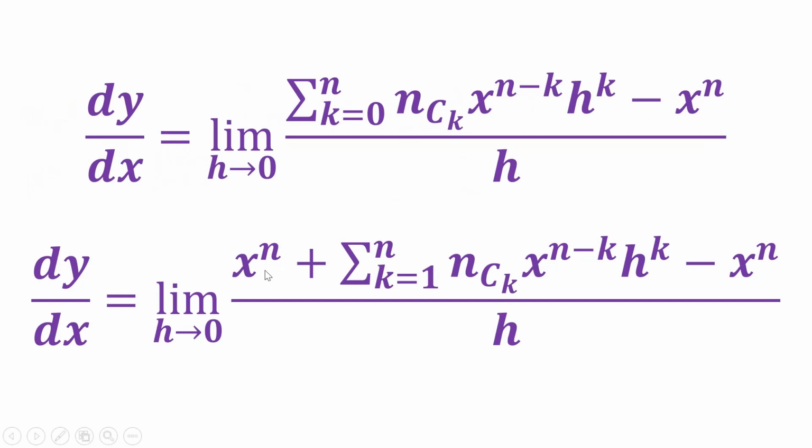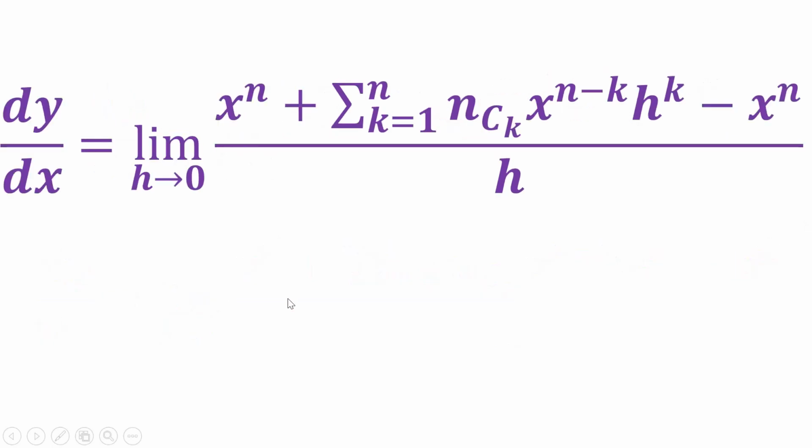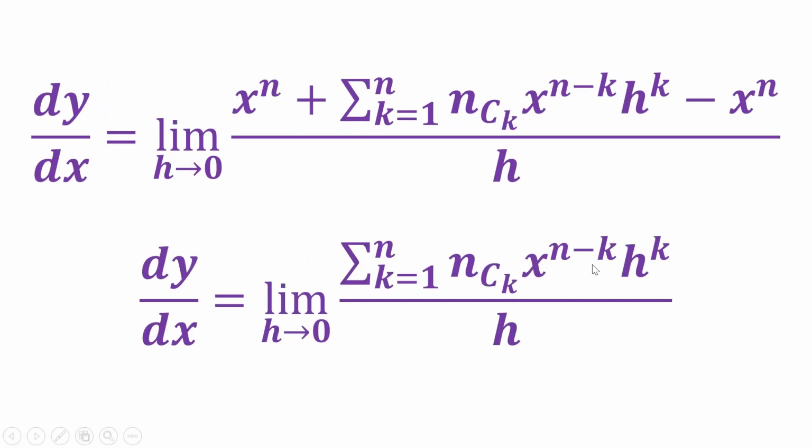So when we pick it out, we have x to the power n plus the summation, but this time k is 1 because we have taken out the term where k is 0. Now see something interesting. This and that will cancel out. And when that happens, we have this. Let's take out the first term again in this where k is 1. So we are putting k to 1.